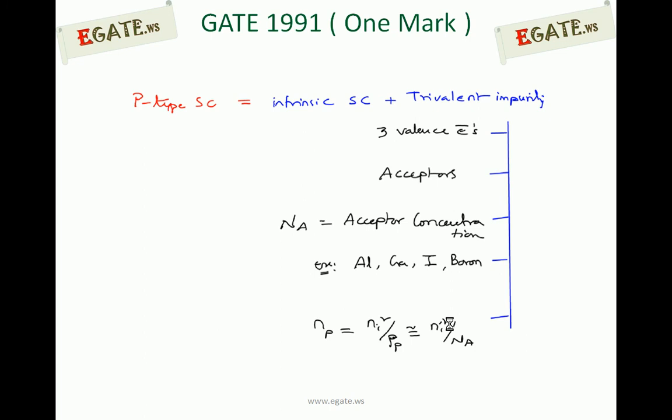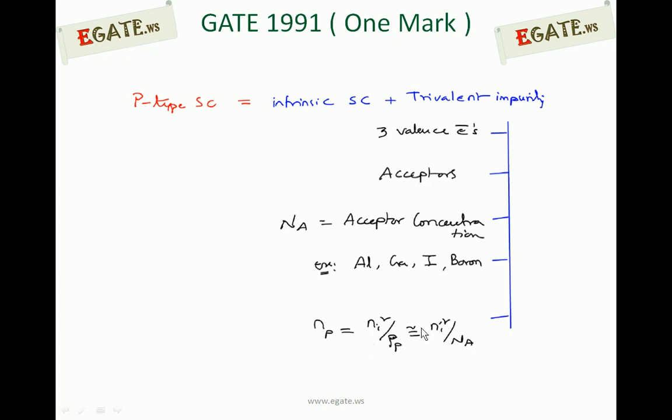Examples of trivalent impurities: aluminum, gallium, indium, boron. Majority carriers in P-type are holes, approximately equal to the acceptor concentration, so pp is approximately equal to Na. Then you can calculate minority carriers using the mass action law, this equation.